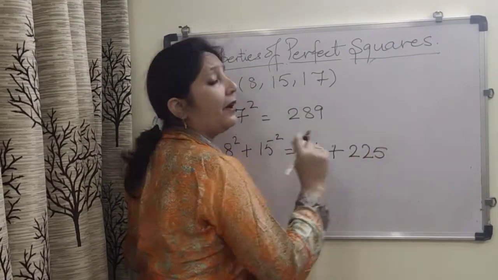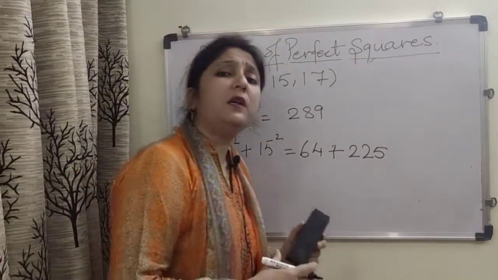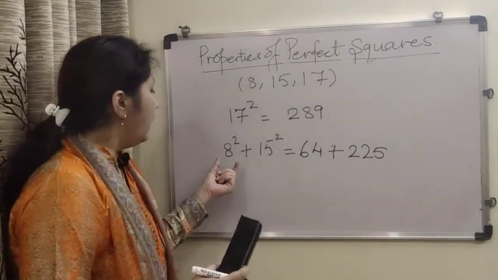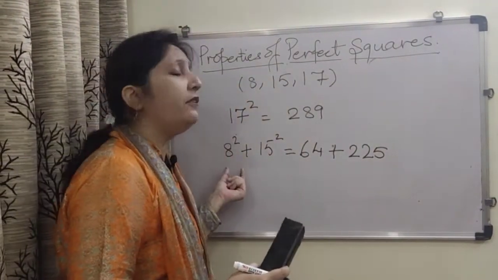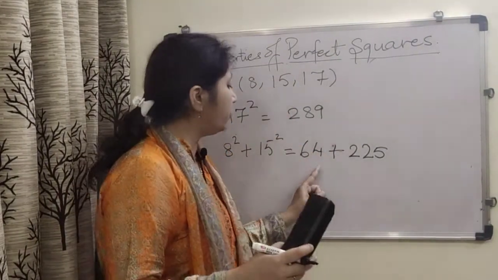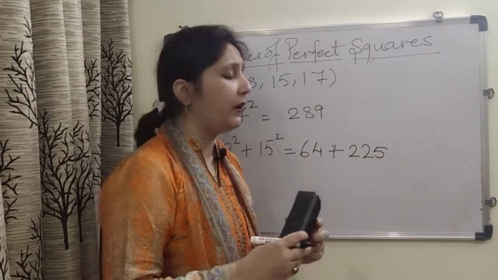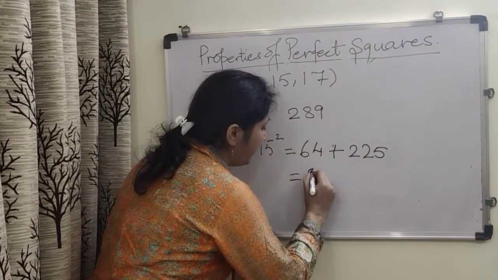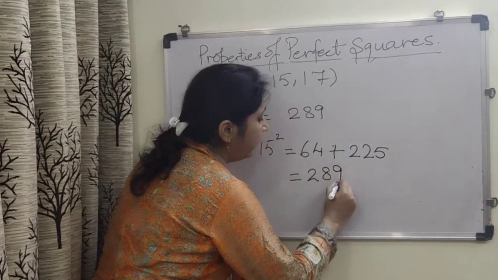Children, again I am reminding you, don't commit the same mistake that you add first 8 and 15 and then square 23. No, first we will square the numbers and then we will add. So when we add, we get 289.